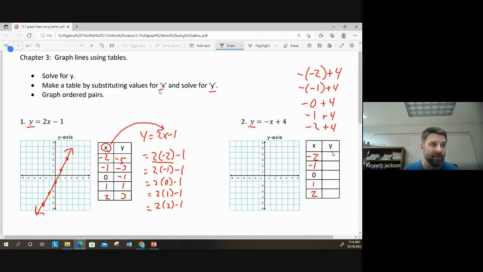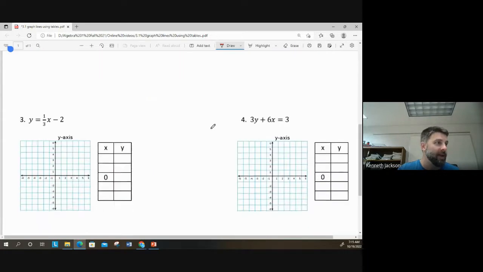At the top, you would get 6, and then 5, and then 4, and then 3, and then 2. So again, if I go graph these, x first and then y, x comma y: negative 2 comma 6, negative 1 comma 5, 0 comma 4, 1 comma 3, 2 comma 2. Connect the dots. There's our line.